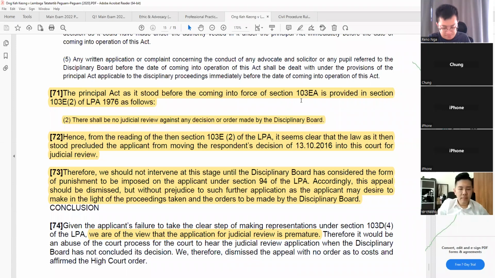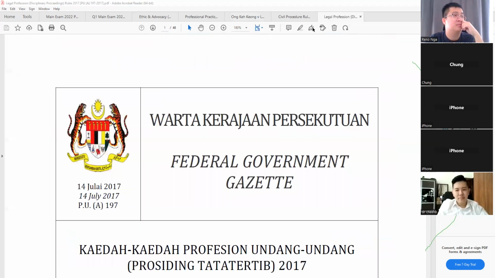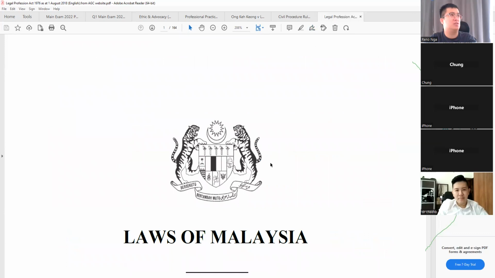103 EA LPA, can we flick to 103 LPA? Never mind, I think some people maybe don't have. And one student always doesn't have this book with him. So let me search for you. Give me a moment. Let me download the LPA. I opened the wrong one. Okay, yeah, this is the correct one.